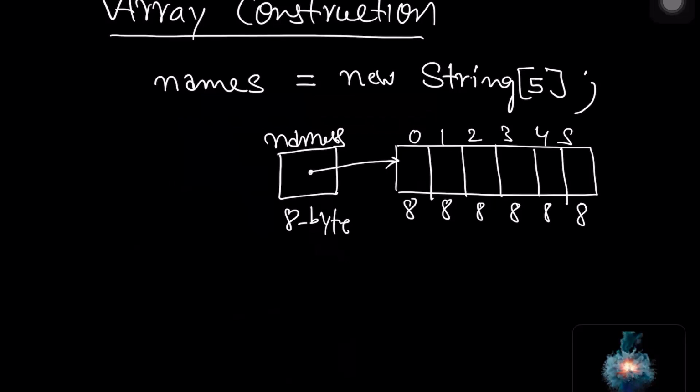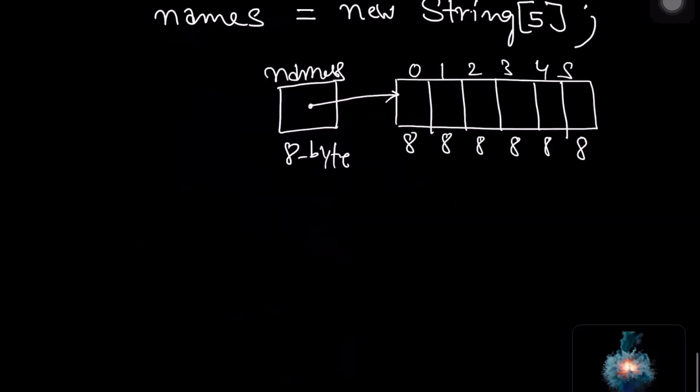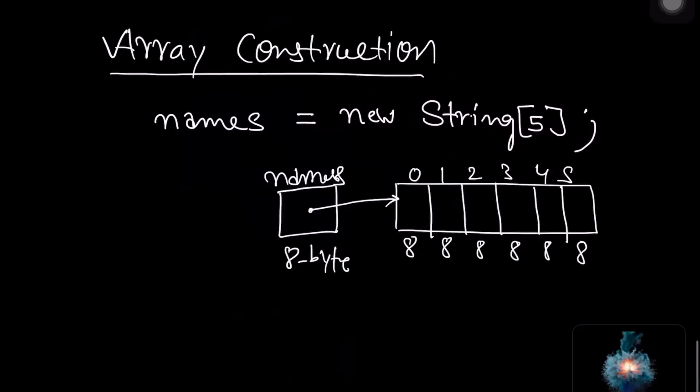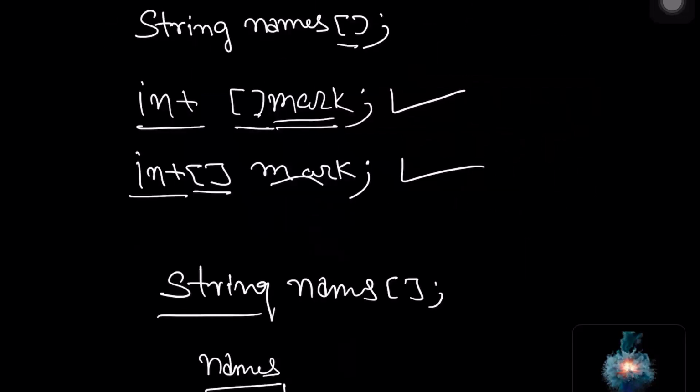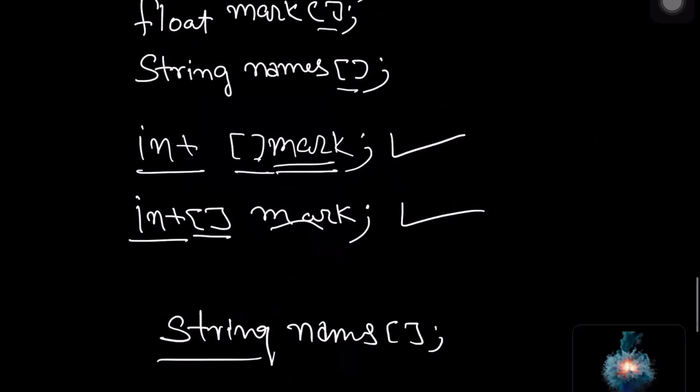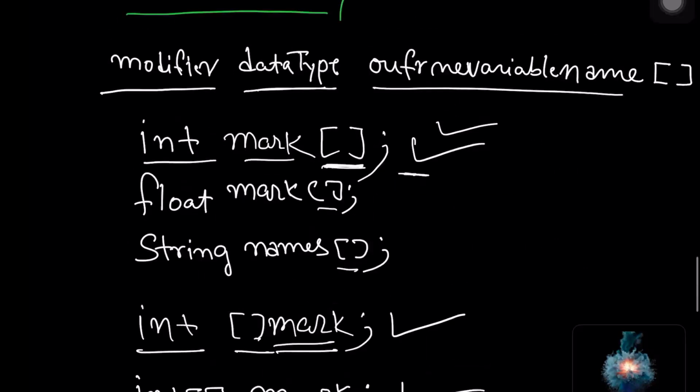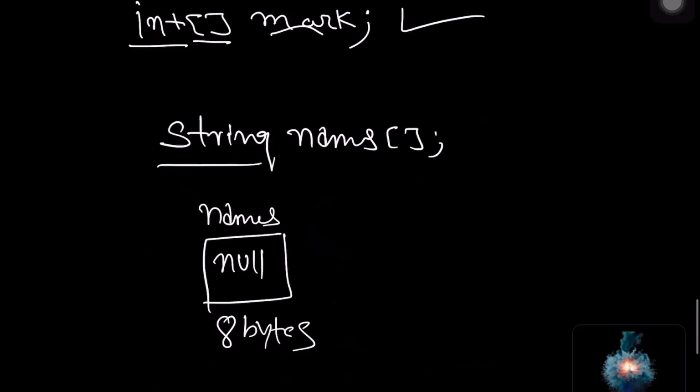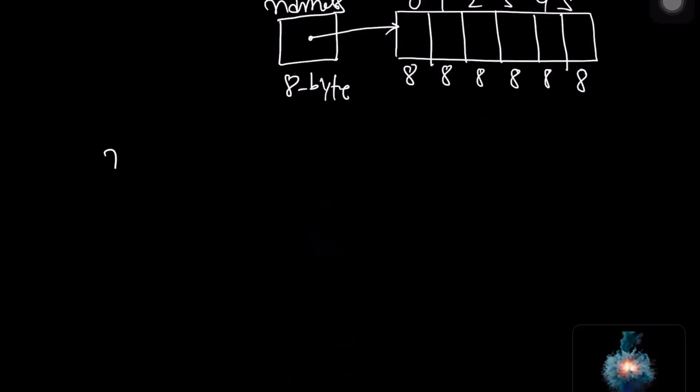Now we have seen string type. We'll see integer type. Here we have declared one integer, mark. Now we'll construct mark. So what will we do? mark equal to, which type is it?